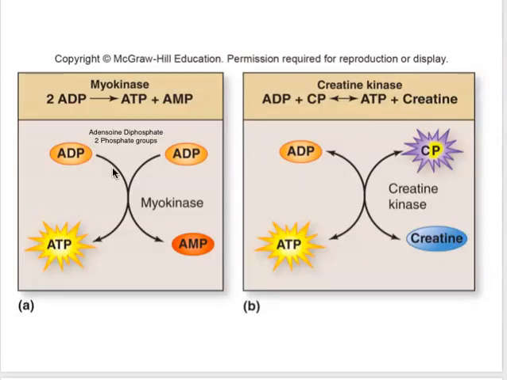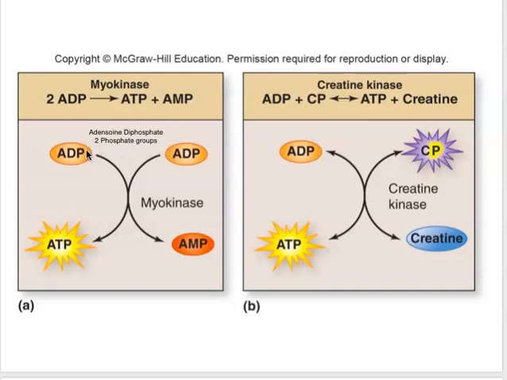So the first part of the phosphagen system is the myokinase system, and the protein myokinase basically just transfers a phosphate group. So we start with two molecules of adenosine diphosphate, which means each has two phosphate groups.